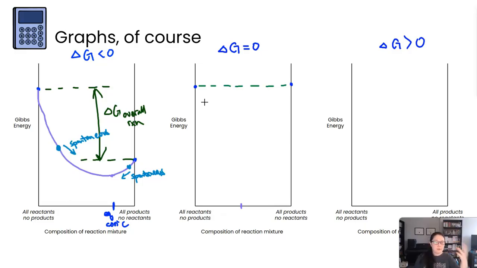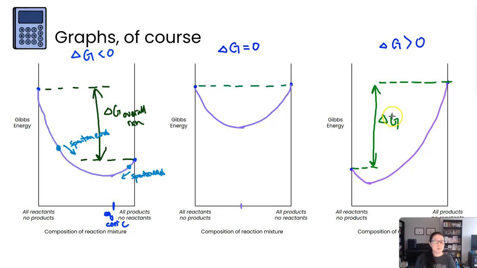There is still going to be an equilibrium concentration, and equilibrium is going to happen when the ratio between your products and reactants is pretty much the same. So that lowest part of your graph is going to be somewhere smack in the middle. And then if you draw the rest of the curve, it's going to look somewhere along the lines of this. Whether it's higher up doesn't really matter as much.